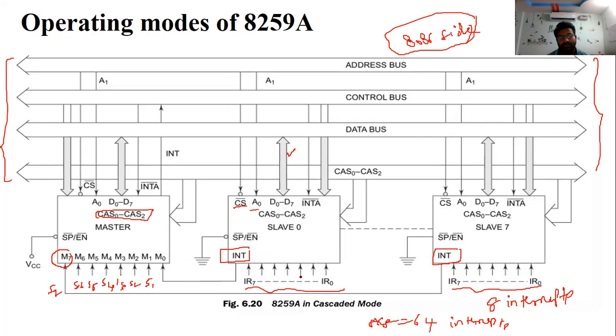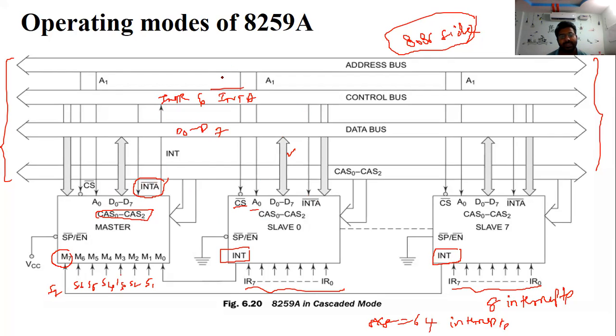At the same time, each and every device is connected to the control bus, which can provide the interrupt request or interrupt INTA control signals. The data lines are D0 to D7.